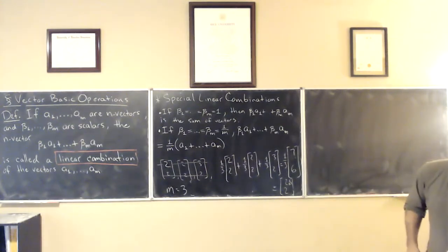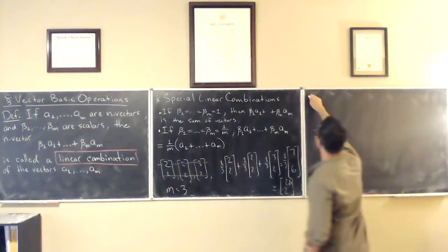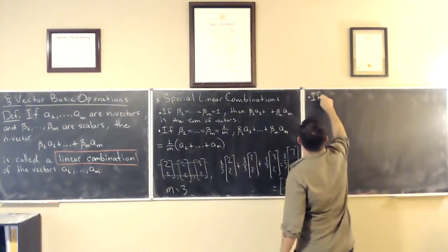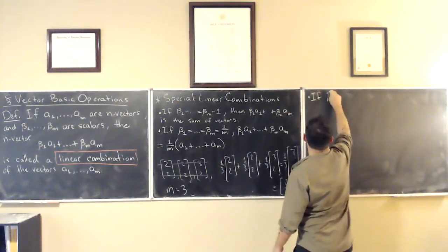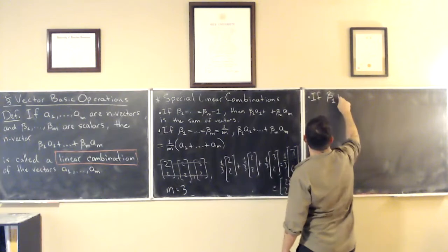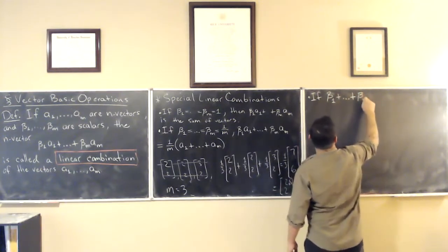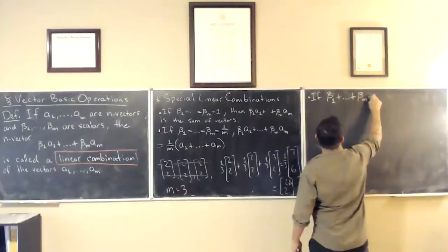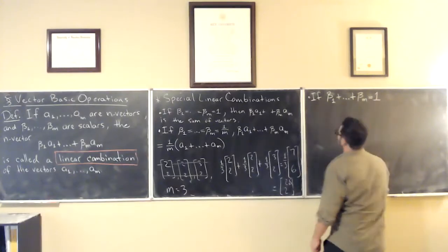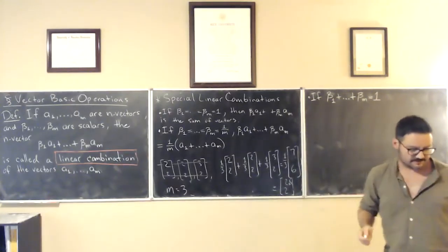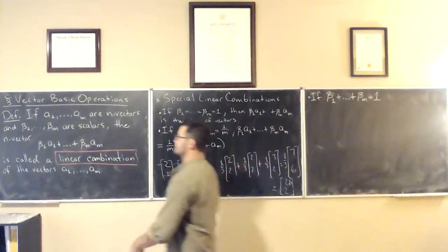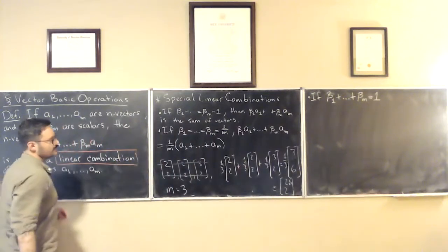Okay, so if you sum all of these betas together, like b1 plus dot dot dot plus bm, if those betas add to 1, that's a very special type of linear combination of the vectors in your list.